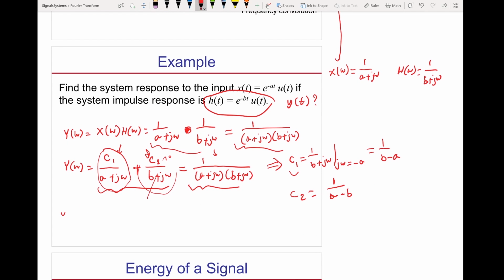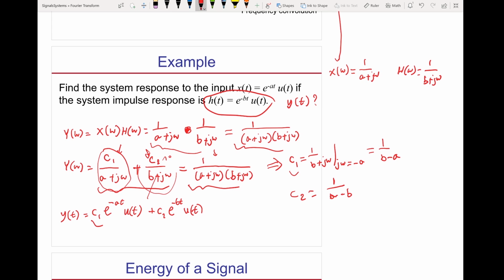Then y of t will be: C1 is a constant, and 1 over a plus j omega is e to the minus a t u of t from the table. C2 is a constant, 1 over b plus j omega, whose inverse Fourier transform is e to the minus b t u of t.